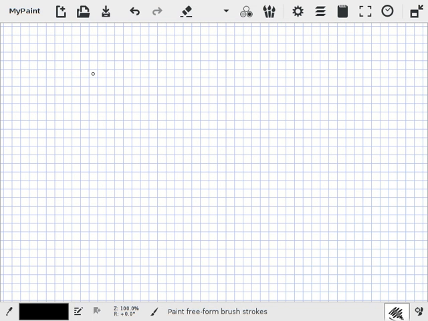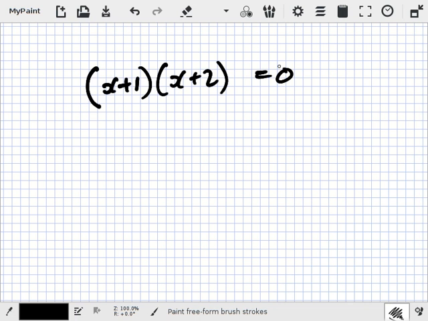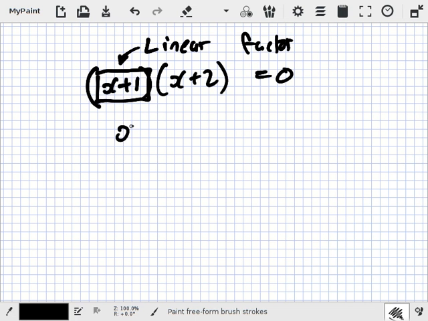If I say something like x plus 1 and x plus 2 equals 0, these are called linear factors. But if I'm trying to figure out what the x value is, I don't really care that it's x plus 1. I want to know what number I use for x. So in our head we imagine this as x plus 1 equals 0, x plus 2 equals 0.